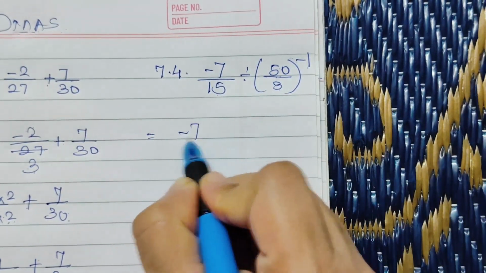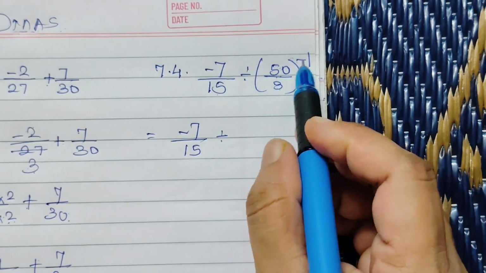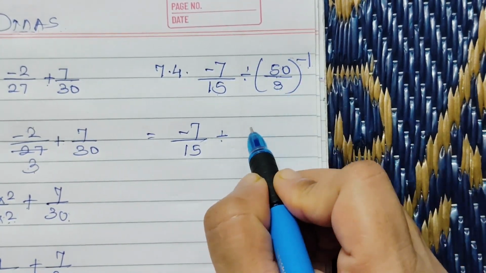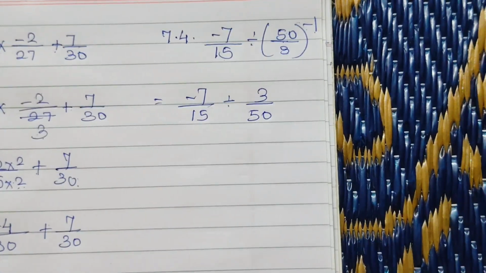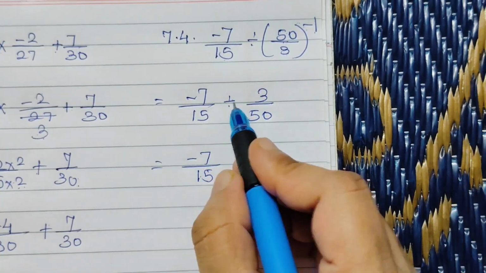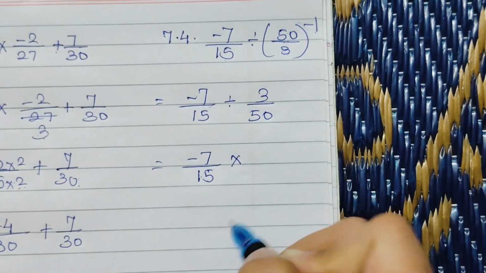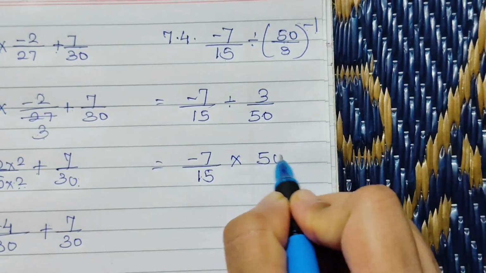So I will write minus 7 upon 15 as it is, division as it is, and this will reciprocate. We'll remove this minus 1, so it will be 3 upon 50. Now again minus 7 upon 15 I write as it is, division will become multiplication, then this will reciprocate this side. So 50 upon 3.